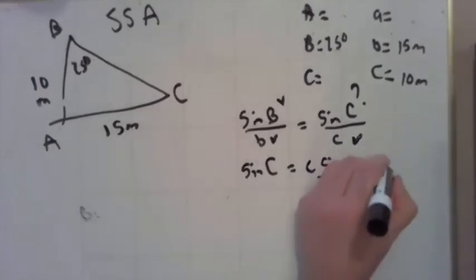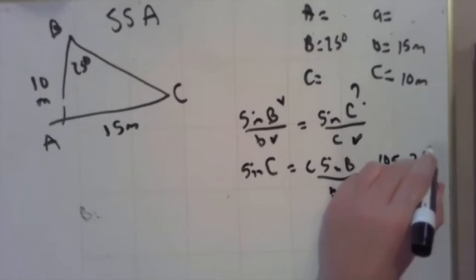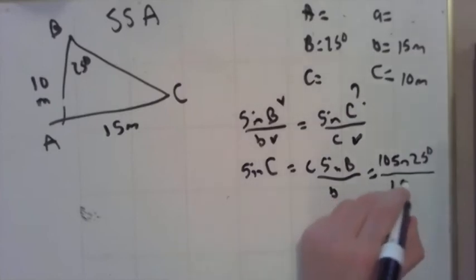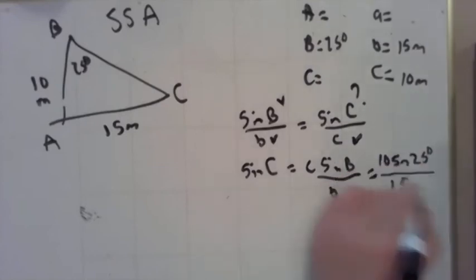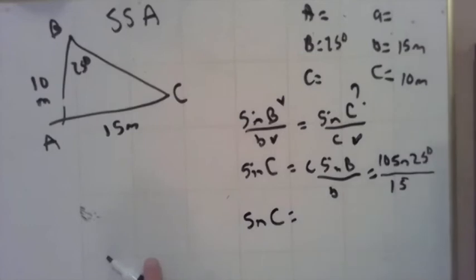So that would be 10 sine of 25 degrees. Don't forget your degree symbols. Over little b, 15. So I'm going to type that in the calculator. I want you to see this. Sine of C is this, 10 times sine 25 over 15.